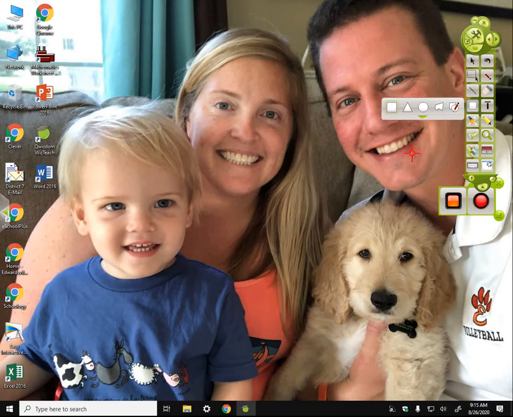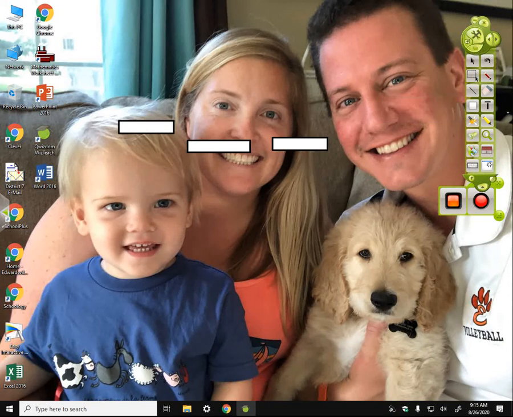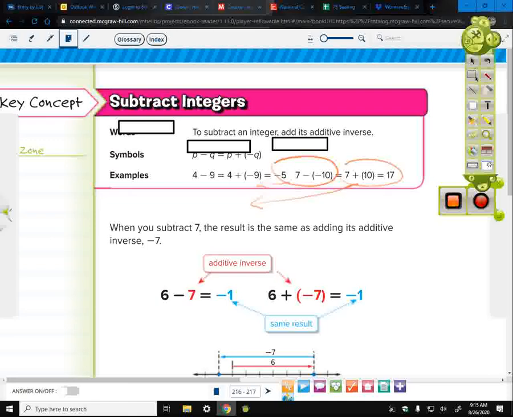Okay. So I have a negative symbol, and I have another negative symbol, like that example that we just had for 7 minus -10 right here.